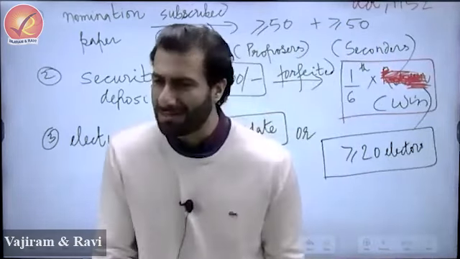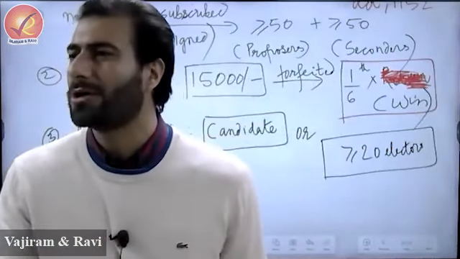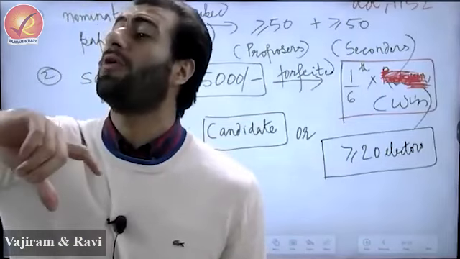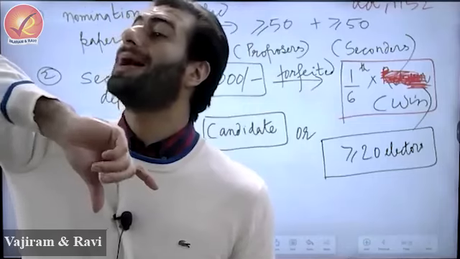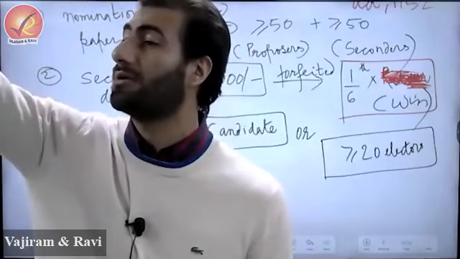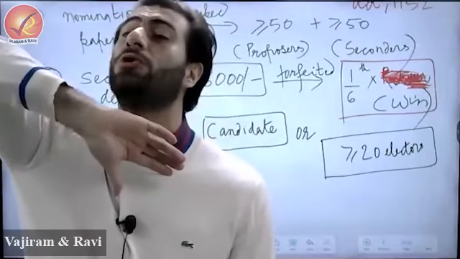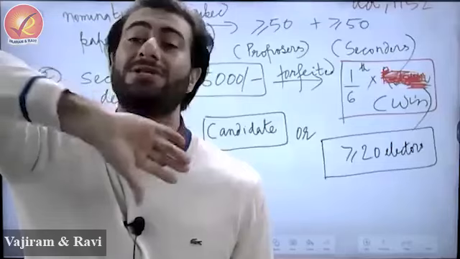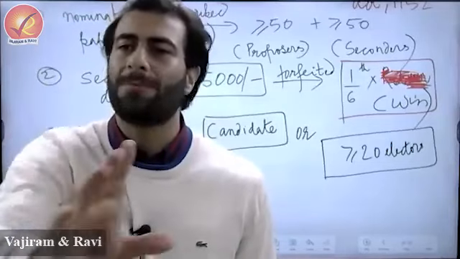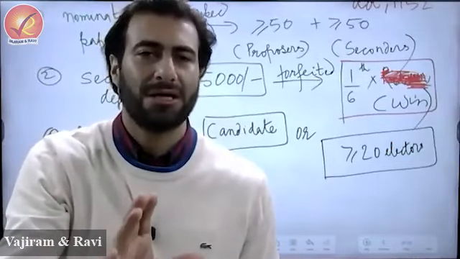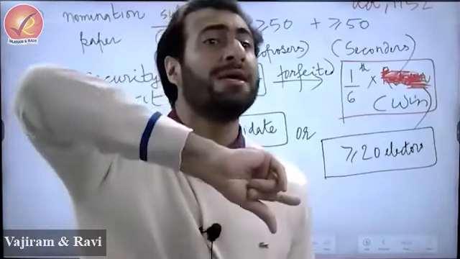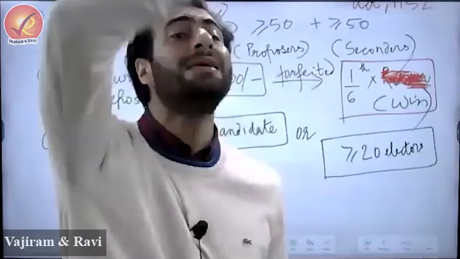When we write return in polity, that simply means you require 1/6 of the votes required to win the election. राष्ट्रपति का चुनाव जीतने के लिए जितने वोट चाहिए, उसका 1/6 हिस्सा कम से कम आपको चाहिए अपनी जमानत राशि बचाने के लिए. 1/6 of the votes required to win the election.